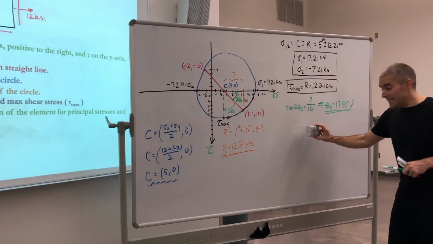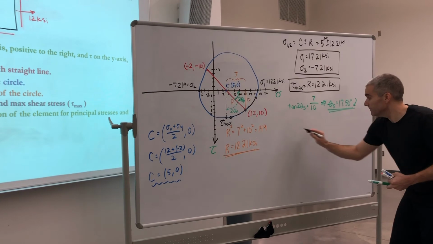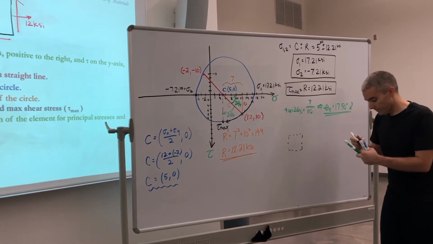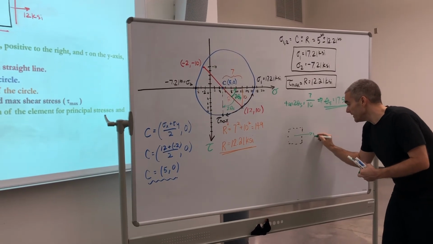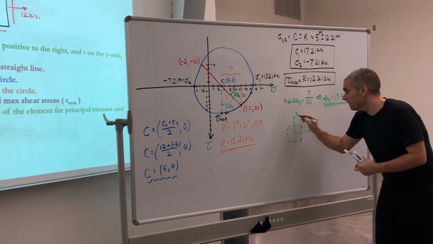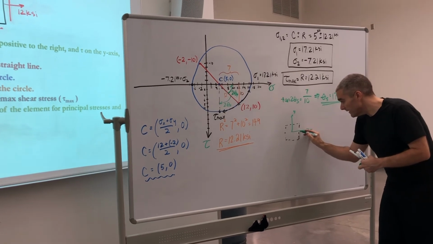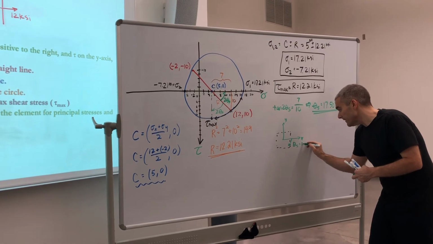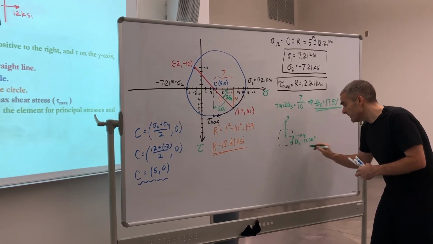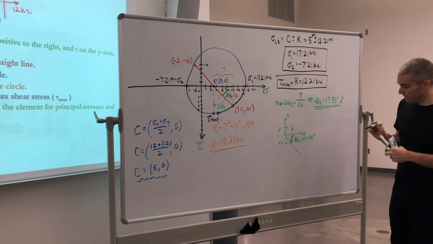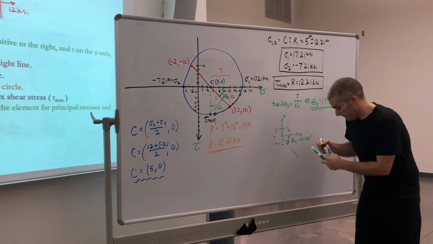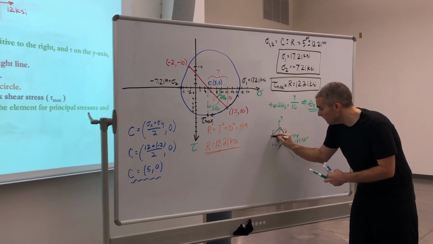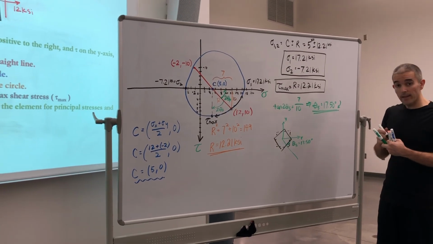So I'm going to go ahead and sketch that block. This was the original X and Y direction. We rotate clockwise, theta s, 17.50 degrees, to get to this block.